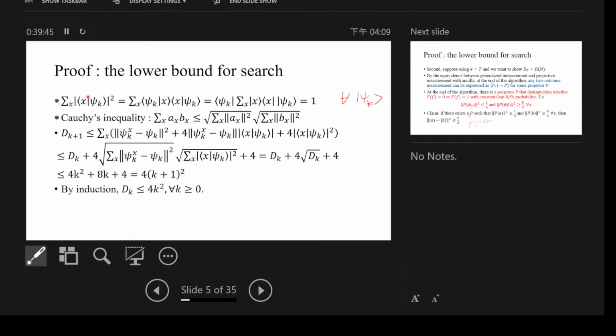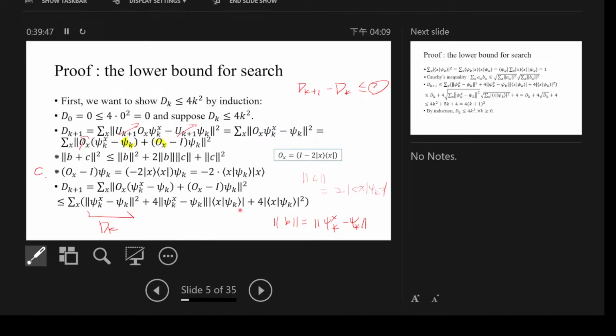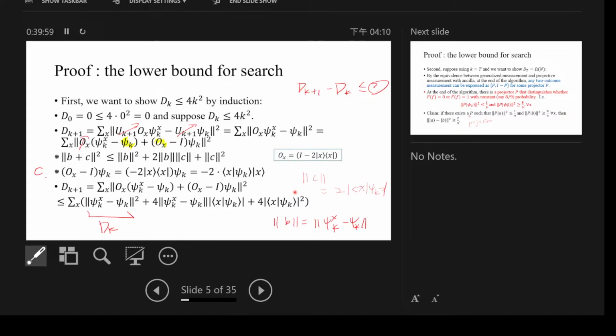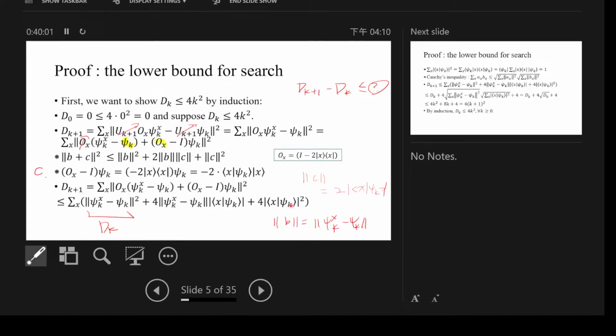So we have bounded this sum over x of the norm of x inner product psi k, squared. And now we need to do something a little bit smart. Now this is just pure math. We have bounded this term, and we want to take a difference to this term, and we have kind of a closed term in the middle.